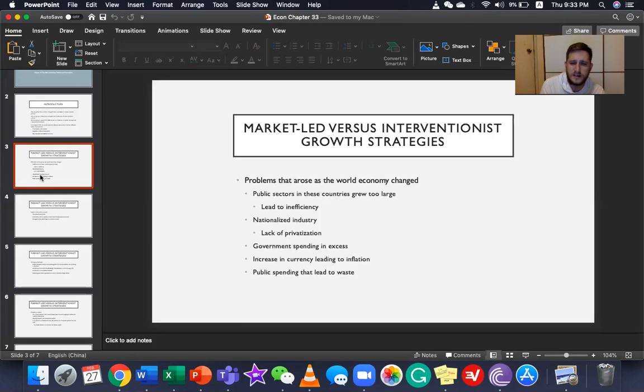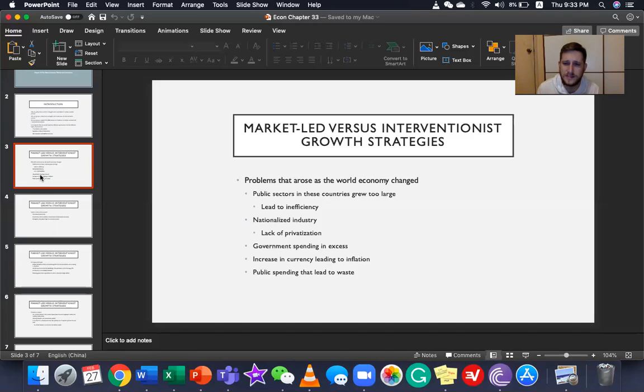Because what we saw is that the public sector was getting too big. It was inefficient, there wasn't private competition, and for HLs, this is something we've talked about: if oligopolies get too powerful, then they start to be able to act like monopolies.